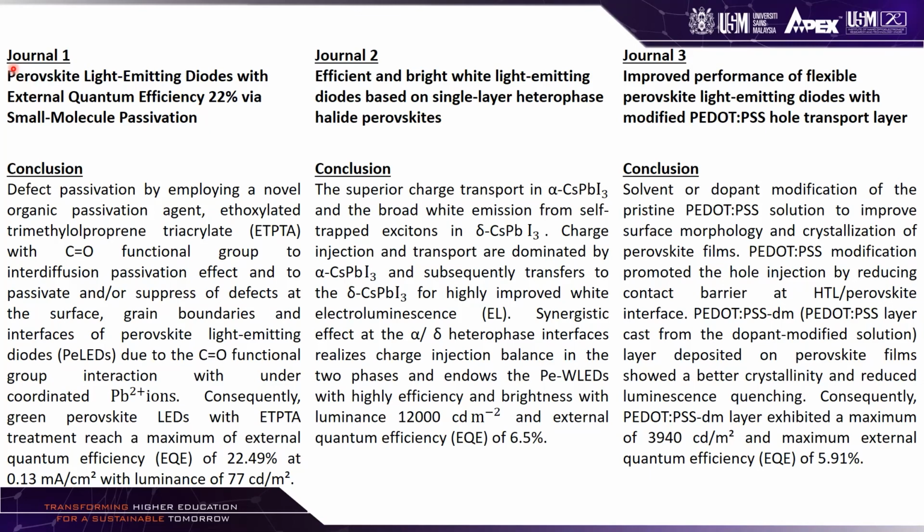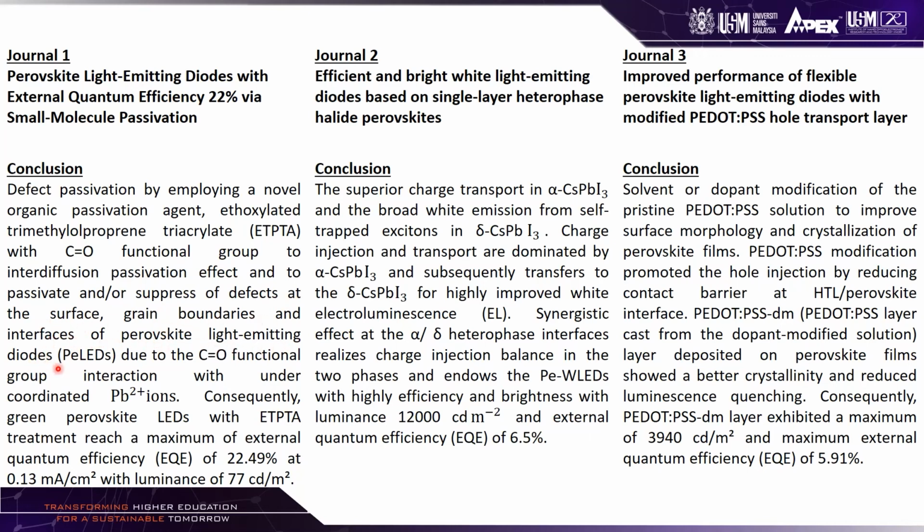Journal 1, Perovskite light emitting diode with external quantum efficiency 22% via small molecule passivation. The conclusion: defect passivation by employing a novel organic passivation agent, ETPTA, with C and O chemical bond functional groups to passivate and suppress defects at the surface, grain boundaries, and interface of perovskite light emitting diodes.